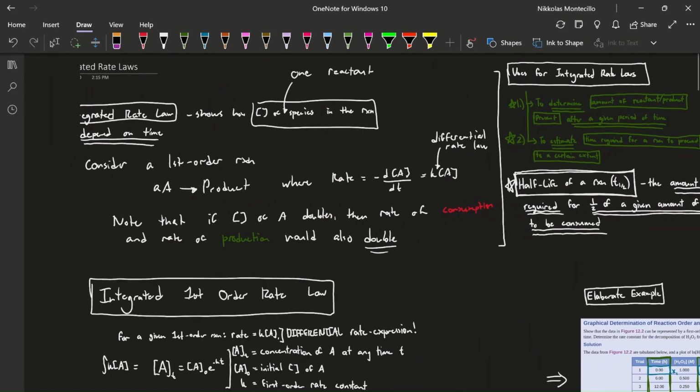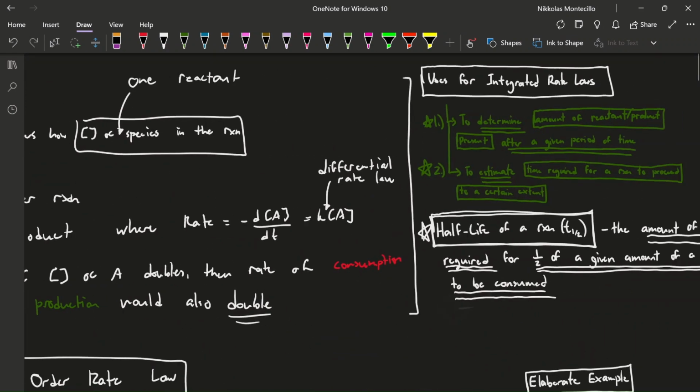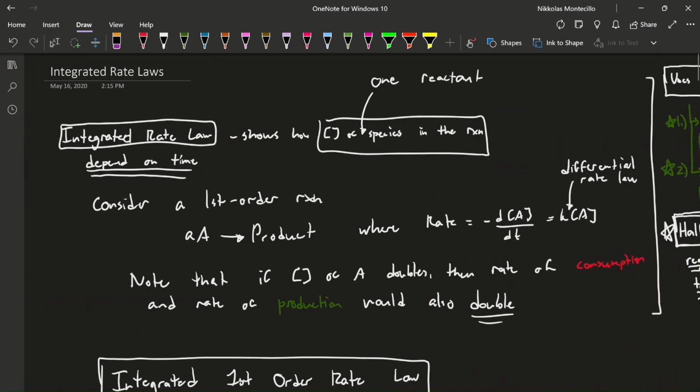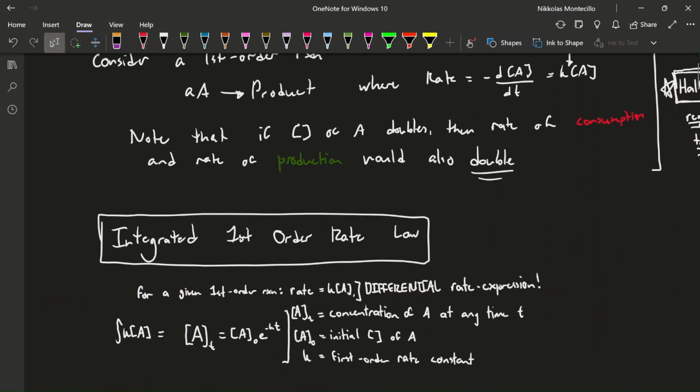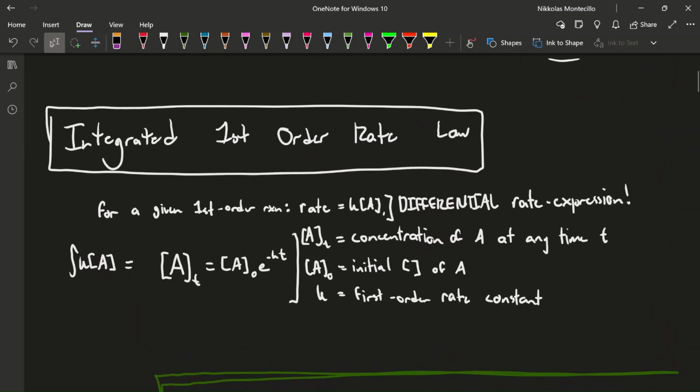So with these concepts in mind, I think it would be best to go through the various forms of integrated rate laws, starting with the integrated first order rate laws. For a given first order reaction where rate is equal to k times the concentration of A, note that this is the differential rate expression.